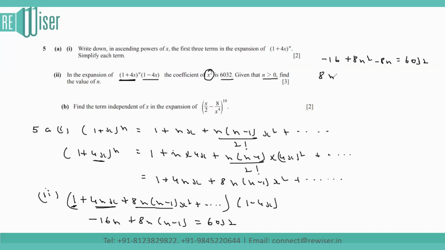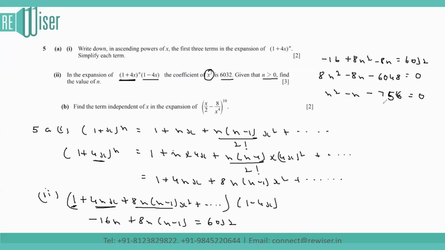So that means we got 8n² - 24n, and if I bring this over here, I get -6048, and that equals 0. So I can take 8 common from here. So this becomes n² - 3n, and taking 8 common from here, 8 times 756 is 6048.